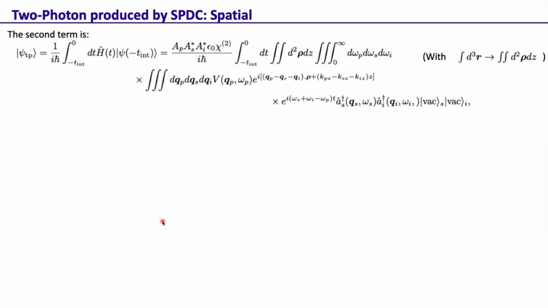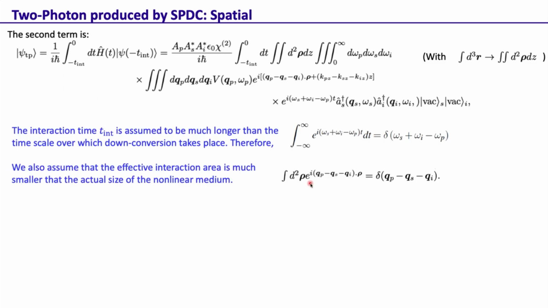So with that assumption, we can take the limits of this rho integral to minus infinity to infinity, and this rho integral, which comes from this qp minus qs minus qi dot rho, and then this d2 rho, we can approximate as this Dirac delta function. This is a very valid assumption in the laboratory setting, in which the size of the pump laser beam is usually much smaller than the nonlinear crystal one uses.